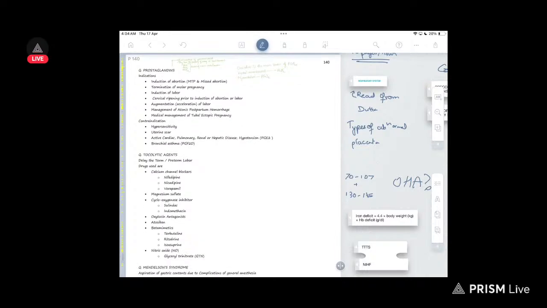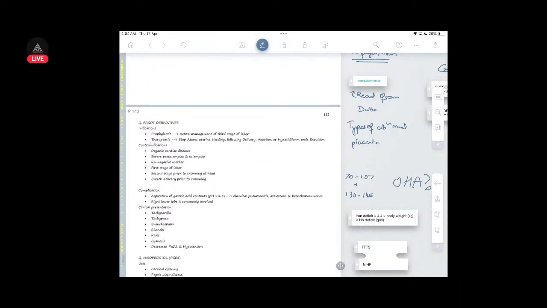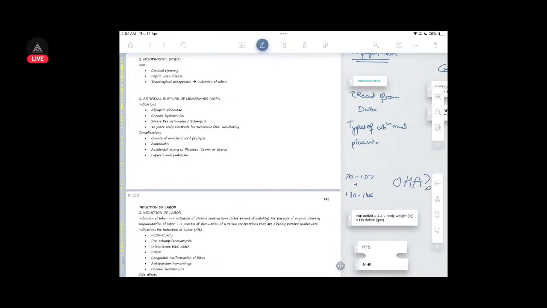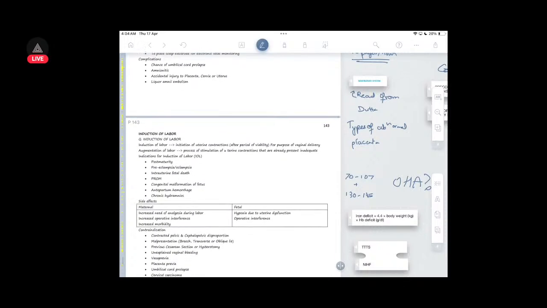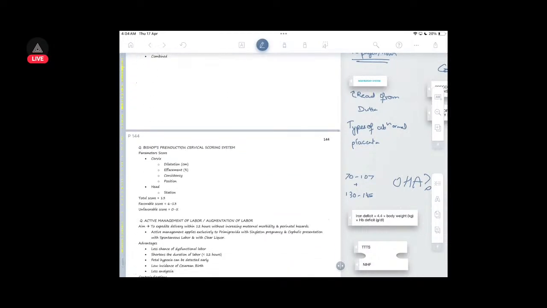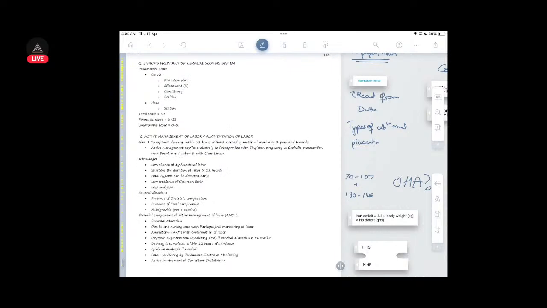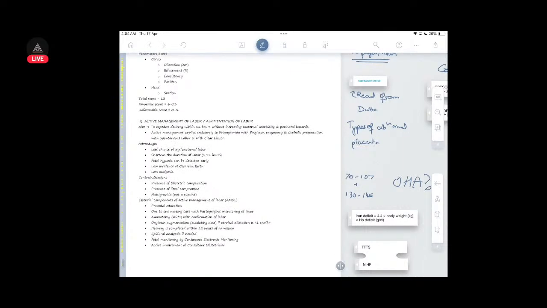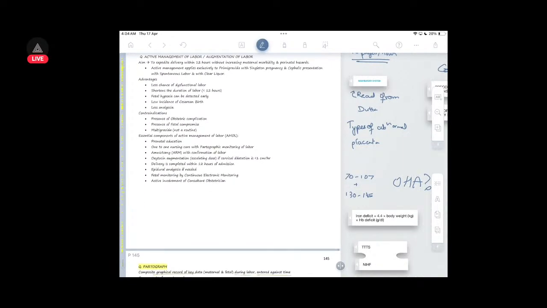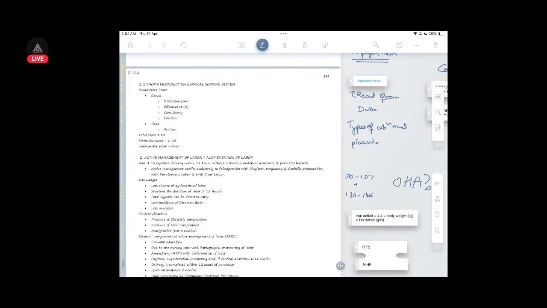Pharmacology is very important. Prostaglandins, misoprostol. Induction of labor is also very important. Bishop's score, I want to remember that.